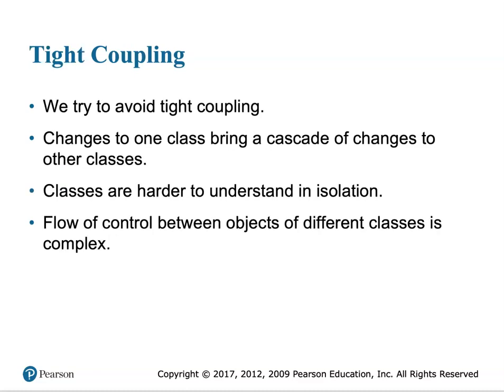Now, we have language to use to describe the problem in Zuul-Bad, which is to say that there is very tight coupling between game and room. Changes to the room class bring in a cascade of changes that have to occur inside of the game class.